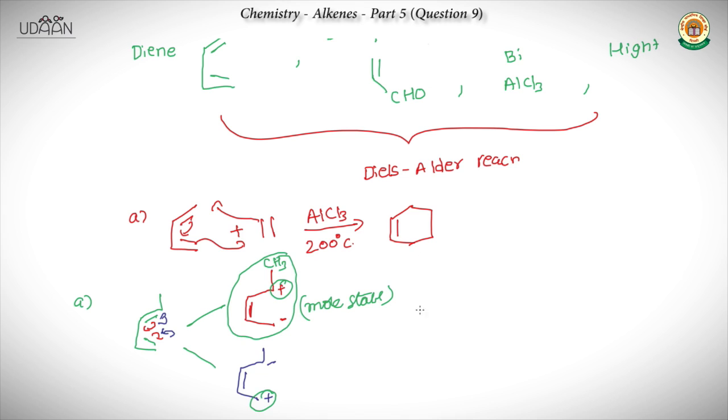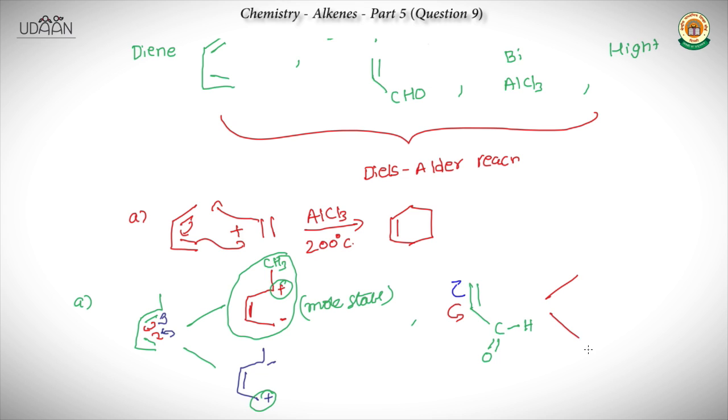And for the dienophile, if you take the one where it is CHO, I'll write the structure for you, C double bond OH. Here also you have two possibilities for bond shifts, either in this way as indicated by blue ink or in this way as indicated by red ink.